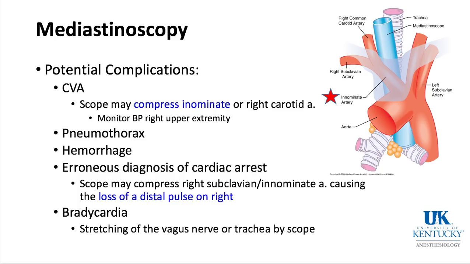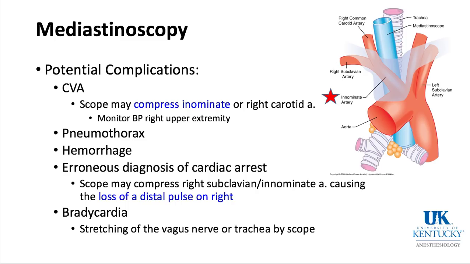Some potential complications of mediastinoscopy include cerebral vascular accident because the scope itself, as you can see in the picture, lies behind the innominate artery, and it can pinch the innominate artery against the sternum and stop blood flow going into it. Now, the innominate artery divides into the right common carotid artery and the right subclavian artery.